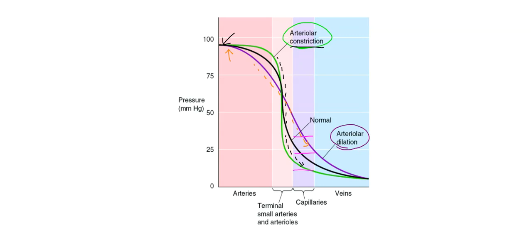So purple line is dilation. You see that that means that blood going through the capillary is going to be under a higher pressure. The green line shows constriction, smaller radius, bigger resistor, bigger pressure drop. So the pressure entering the capillaries there is going to be lower. Good? Anybody have any questions on this before I do the last slide?